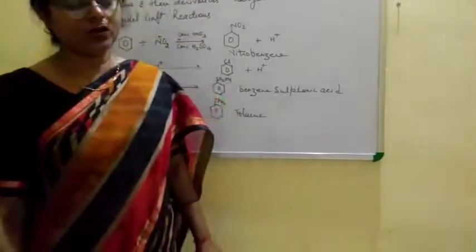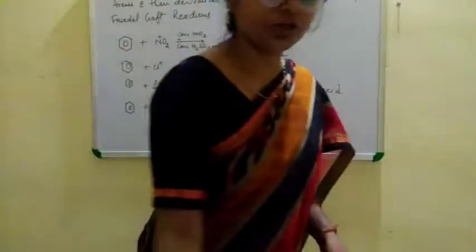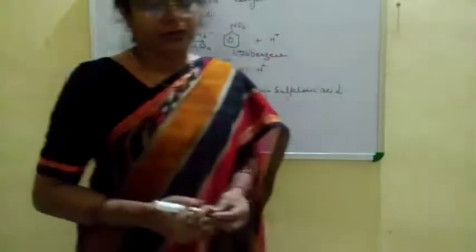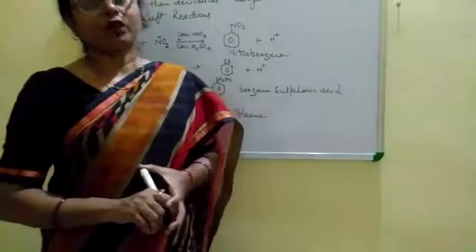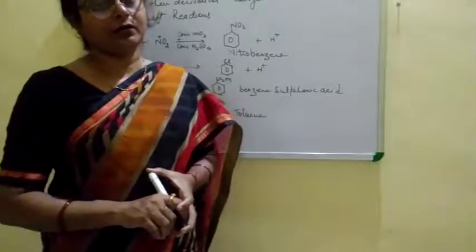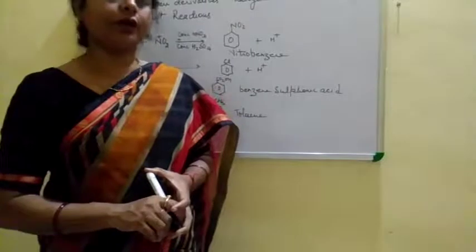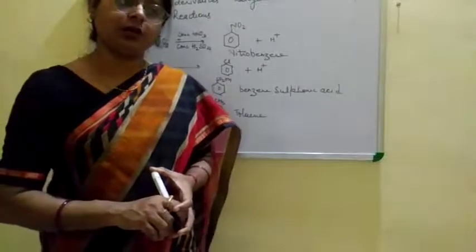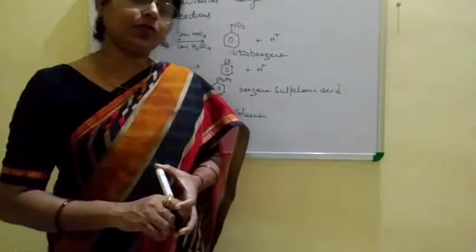Free radical substitution reaction takes place when free radicals are formed, like when a chlorine Cl2 molecule breaks down in the presence of either light or heat.